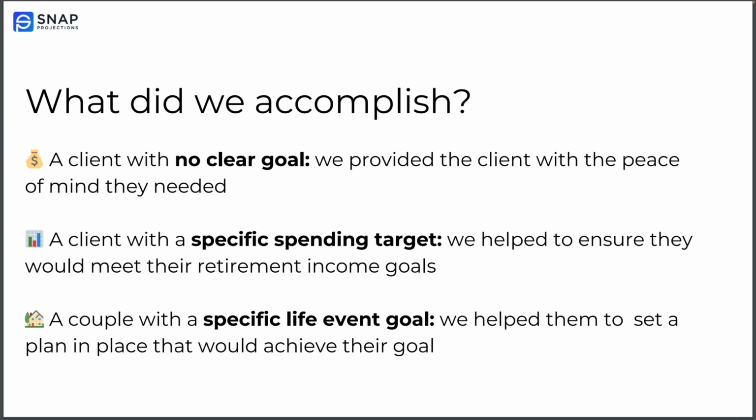Initially, she was showing a shortfall, and we created a plan to solve that problem with automated recommendations. And for Monica and Eric, our young couple with a specific life event goal of buying their first home, we helped them to set a plan in place to ensure this major milestone was achievable.